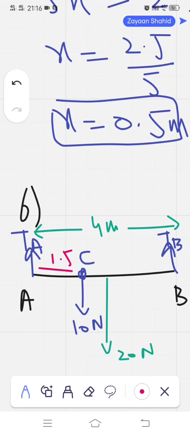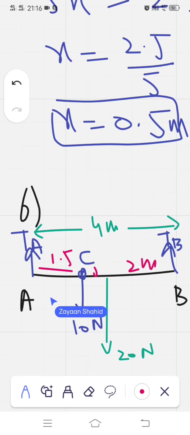Find the magnitude of the tension in the two strings. So if this is 1.5 and the 20 Newton weight of the rod is at the middle, this distance is 2 meter and this distance is 0.5.